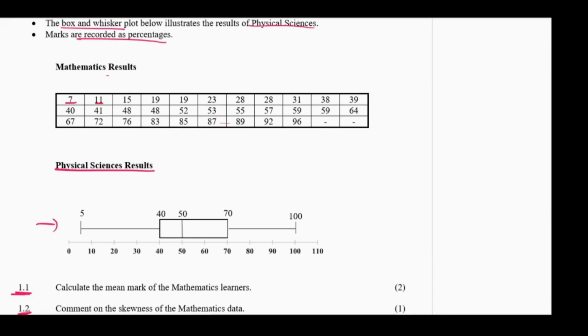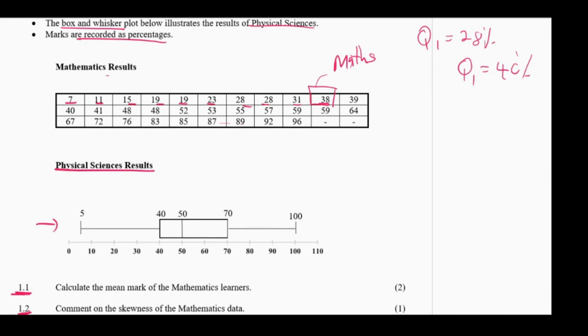So it's going to be 1, 2, 3, 4, 5, 6, 7, 8, 9, 10. The 10th lowest mark got 38% in maths, right? But remember, the Q1 of maths was 28%, and the Q1 of physics was 40%.